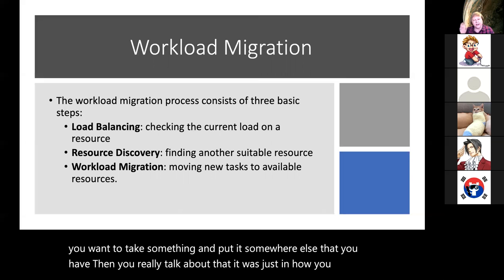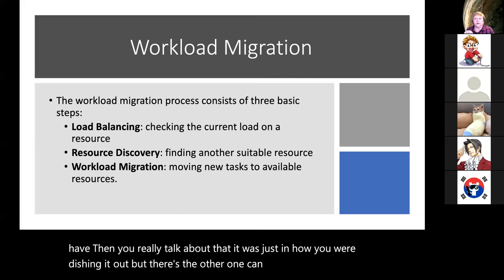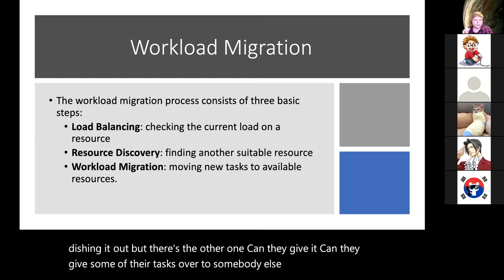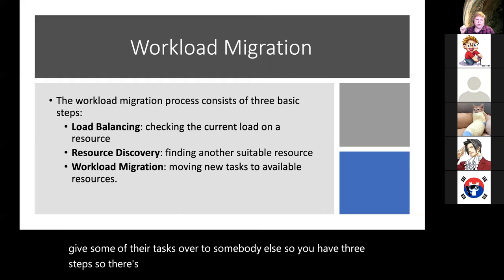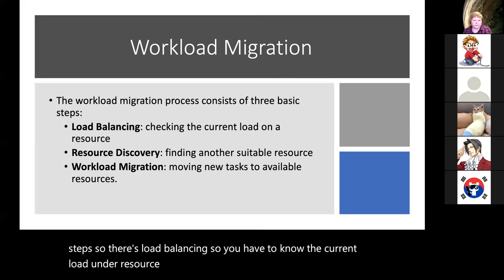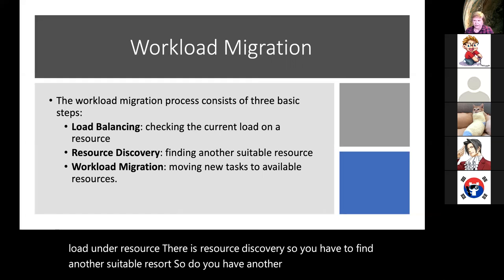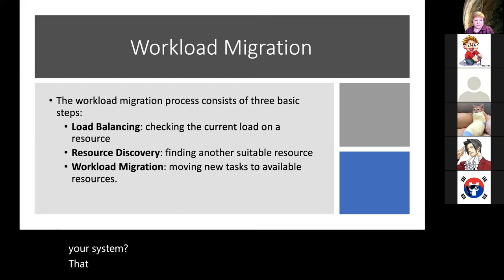But there's the other one: can they give some of their tasks over to somebody else? So you have three steps. There's load balancing, where you have to know the current load on a resource. There's resource discovery, where you have to find another suitable resource. Do you have another resource in your system that has the capacity and ability to do that task? And then you actually have to move the task to the available resource.